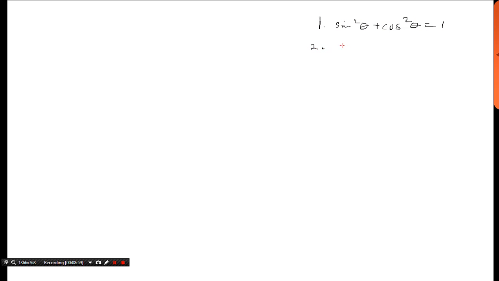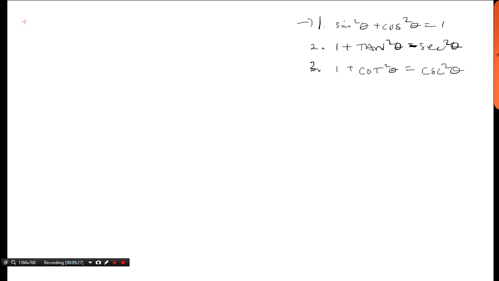The other version was 1 plus tangent squared theta equals secant squared theta. And the last one is when we divide everything by sine squared, we end up getting cotangent for everything. So these are 3 versions of the Pythagorean identity. I only keep this one in mind, and anytime I need it, I just divide out by what I need, because everything else is so hard for me to remember.